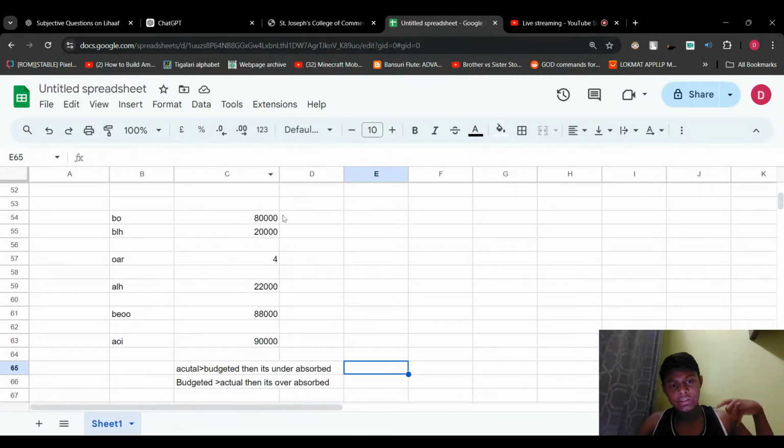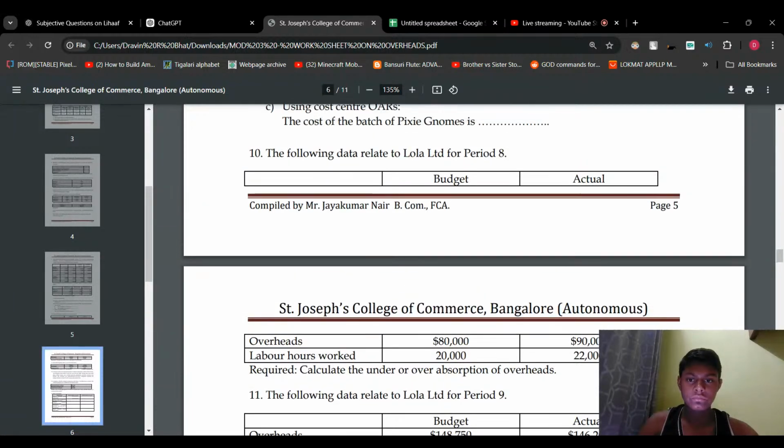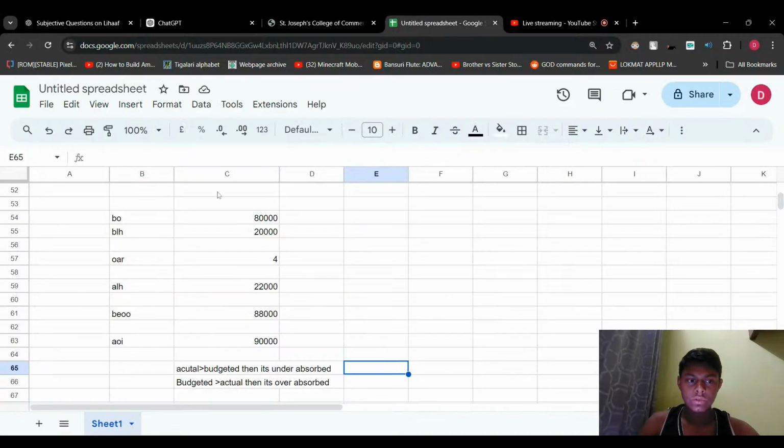You can remember this as a formula. Budgeted overheads divided by budgeted labor hours, 80,000 divided by 20,000, gives you one value, which is the overhead absorption rate. You multiply the absorption rate with the actual labor hours. Then you get the budgeted expectation of overheads and compare with the actual overheads incurred.